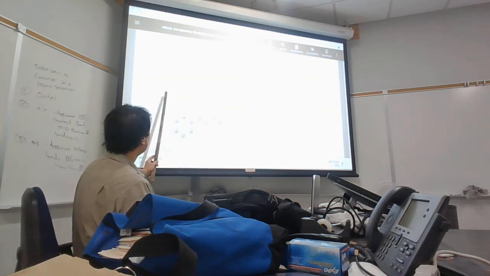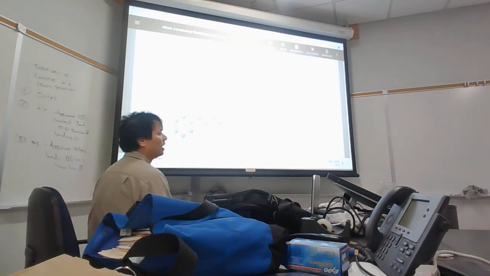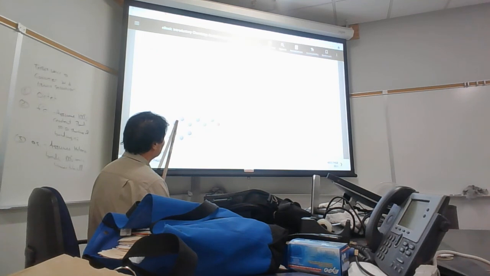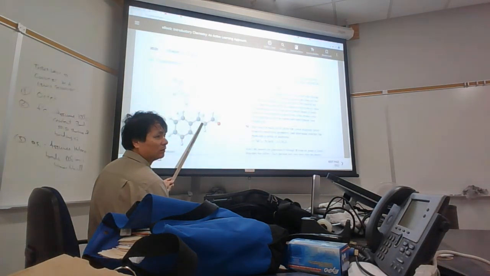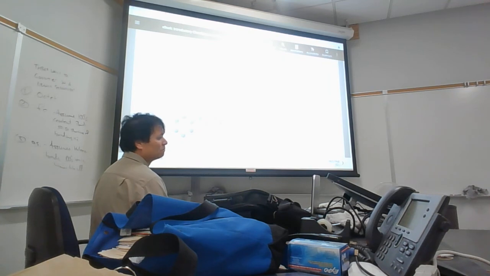More with this cinnamaldehyde. Angle A, ideal. B, C, is up here.